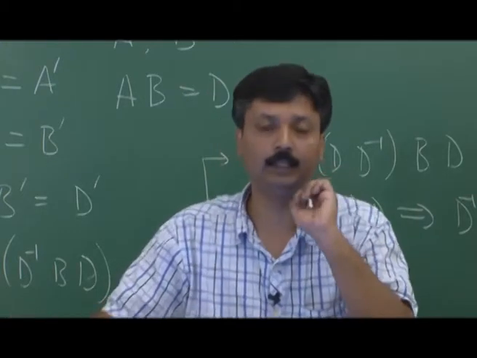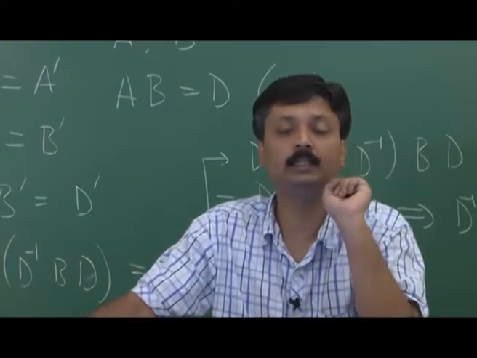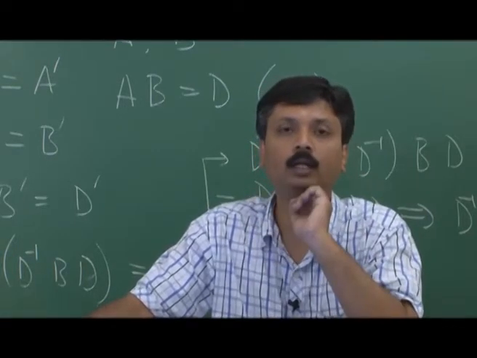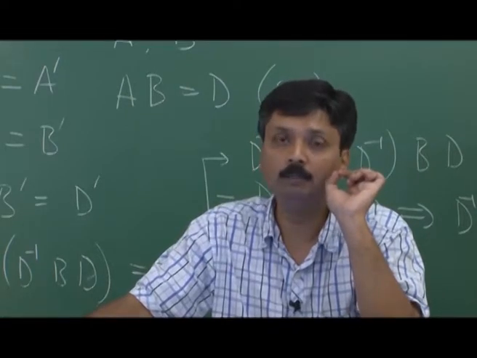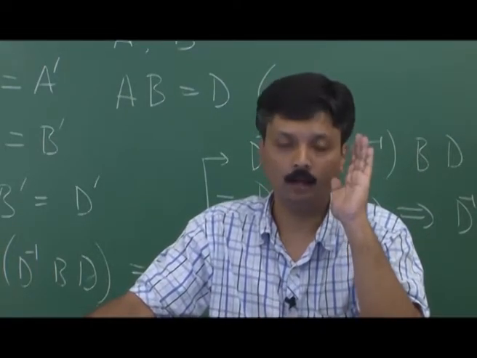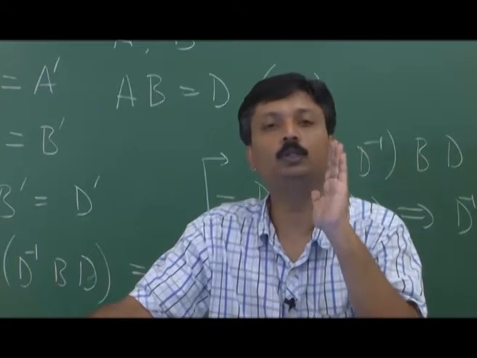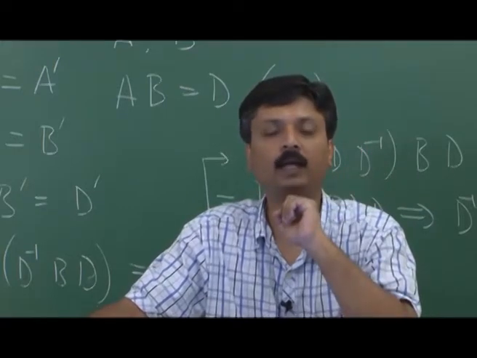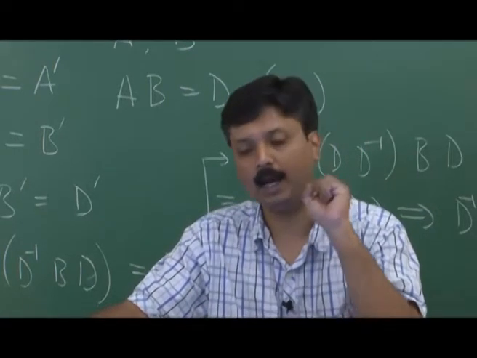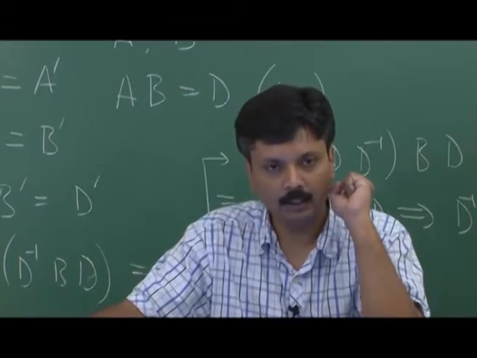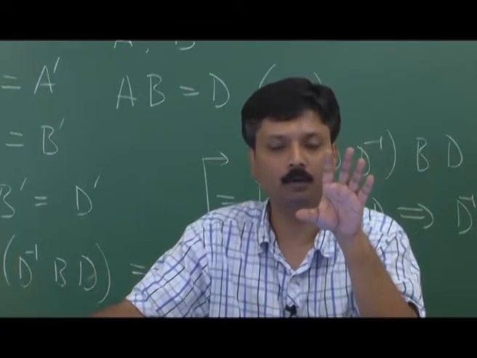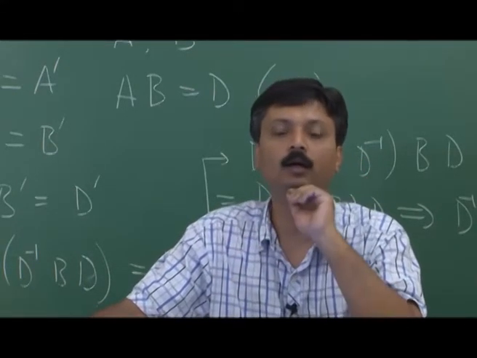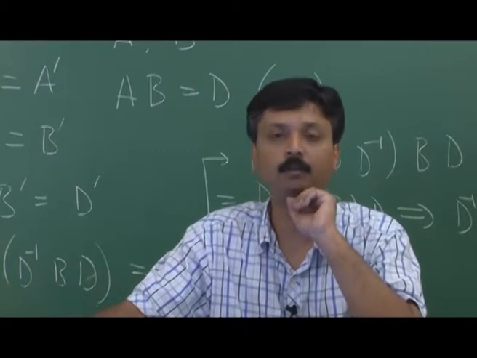When we can do these things, then we say this original representation that we formed, that is matrices E, A, B, and so on, is a reducible representation, meaning that I can reduce them into smaller blocks, smaller dimensions. I started with, say, 9 by 9 matrices for each representation, and I can do the similarity transformation. I can get, say, 3 by 3, 2 by 2, and 1 by 1 matrices, which themselves form the representation.